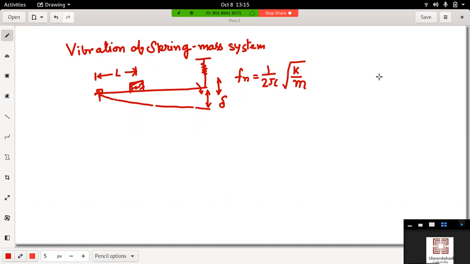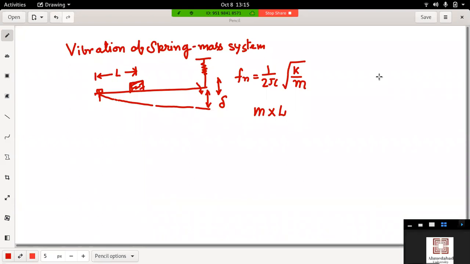We know that this beam has its own weight, and the total bending is M cross L. Okay.